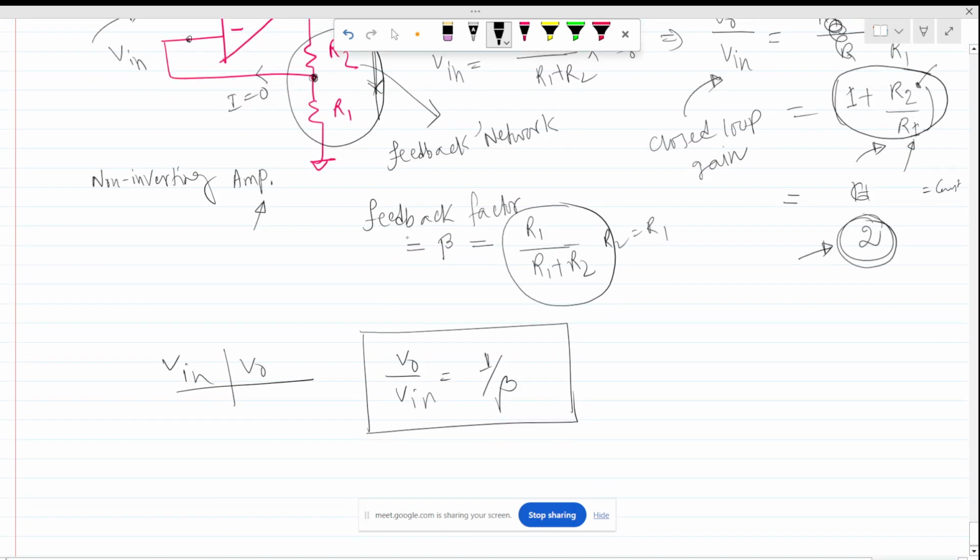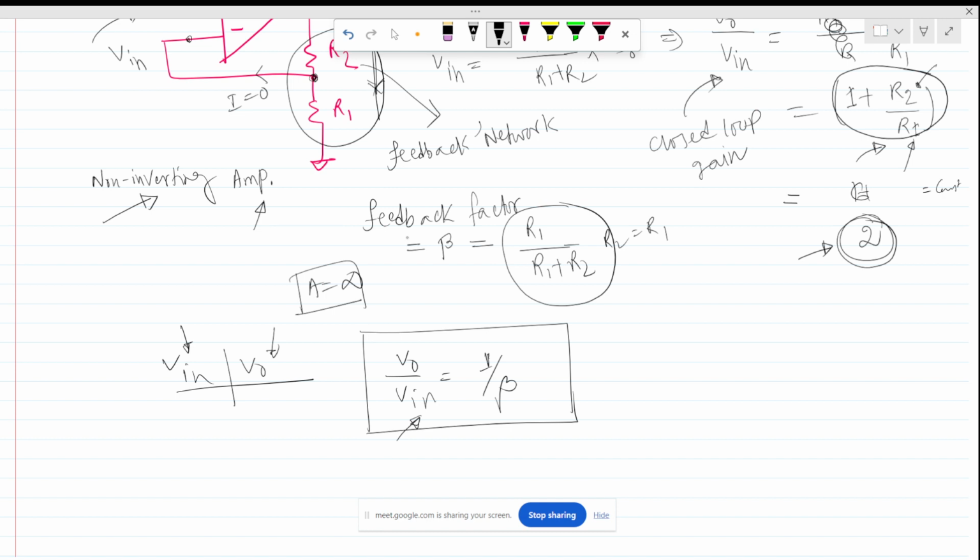If this is a voltage controlled voltage source, where the output is voltage and the input is also voltage, and our open loop gain is almost infinite, then our closed loop gain is nothing but the inverse of the feedback factor.